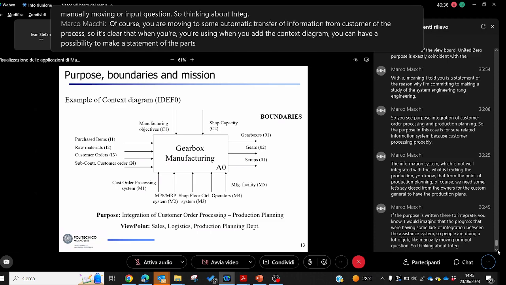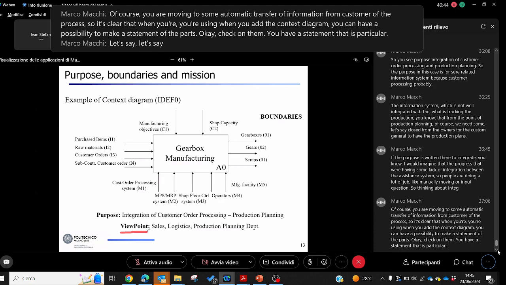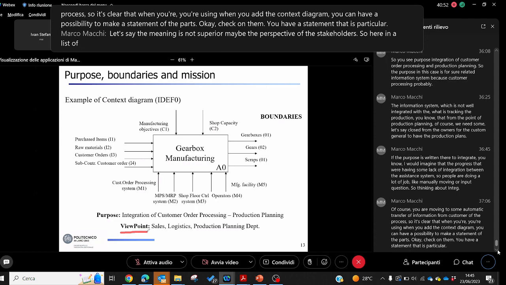Okay? Second, you have a statement whose meaning is not so clear. Maybe viewpoint is the perspective of the stakeholders. So here in a list, what is the perspective? What are the stakeholders for which you want to get a perspective? So an involvement, an engagement.